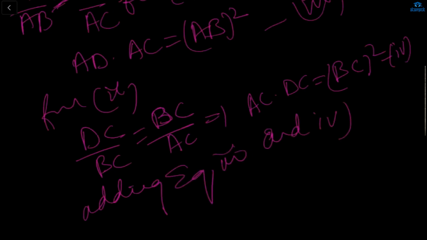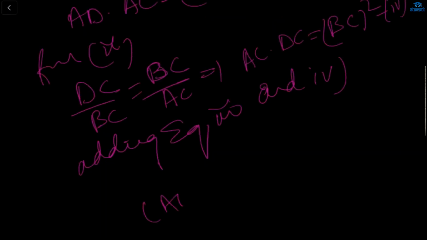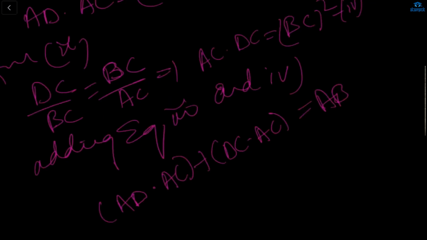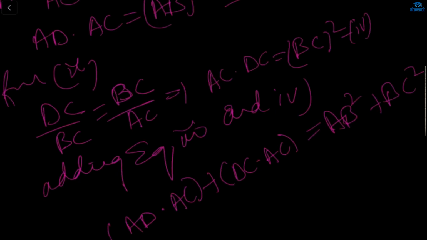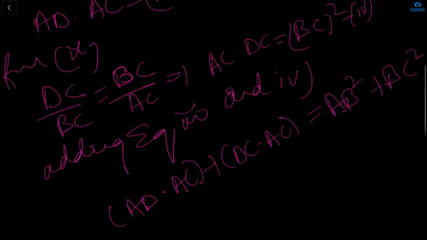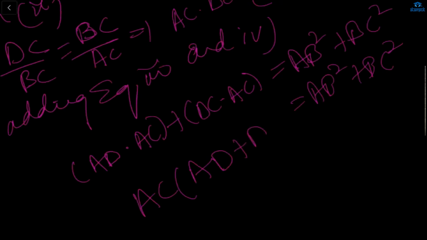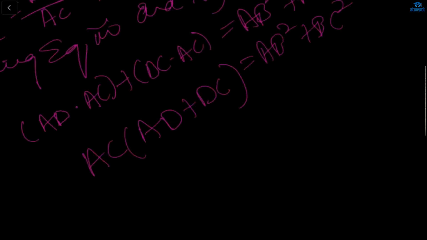What you will get: AD AC plus DC AC is equal to AB square plus BC square. On simplifying, AC is common in both. I am taking AC as common and it will be left with AD plus DC.